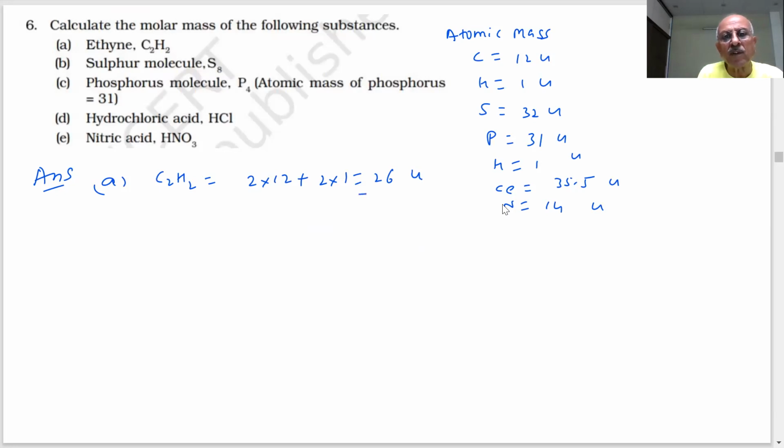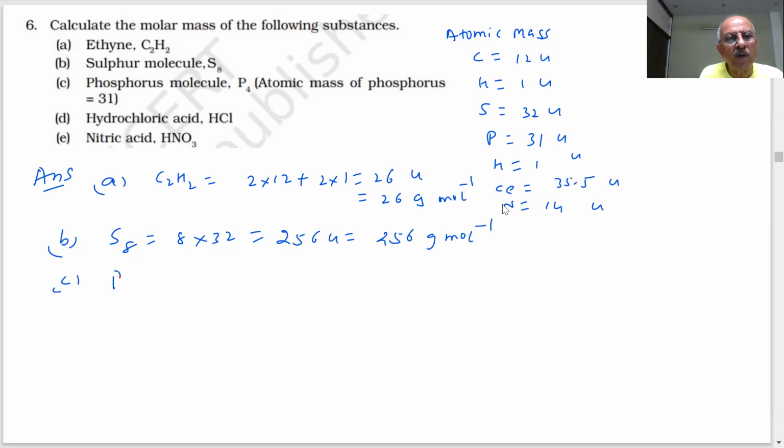Molar mass will be how much? 26 gram, okay? 26 gram per mole. How do we write it? What will be S8? 8 into 32. How much will it come? 256 gram per mole.